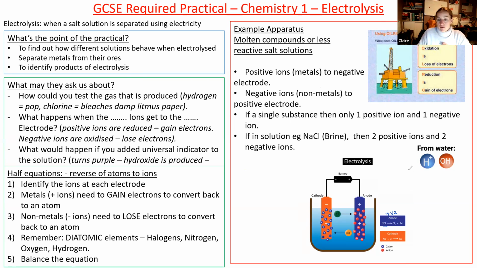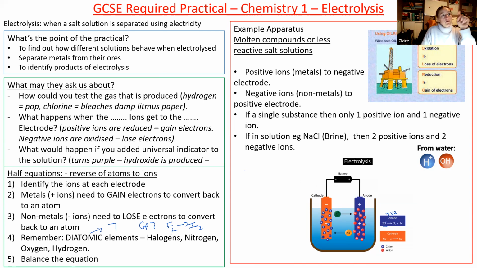But all you've got to remember for diatomic elements is the number 7. There are 7 diatomic elements, and these are mainly in group 7 on the periodic table. It goes from fluorine down to iodine, and diatomic means that they go around in pairs.